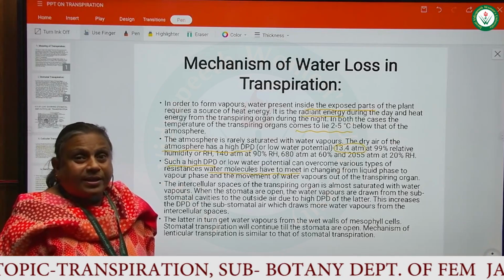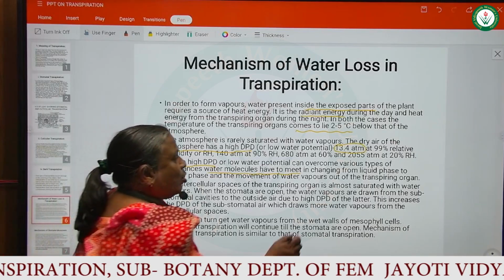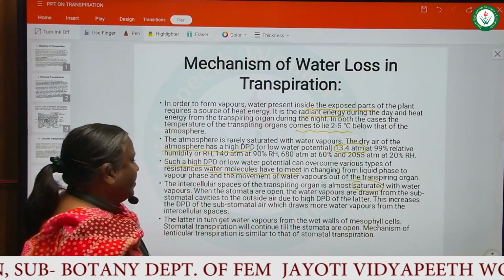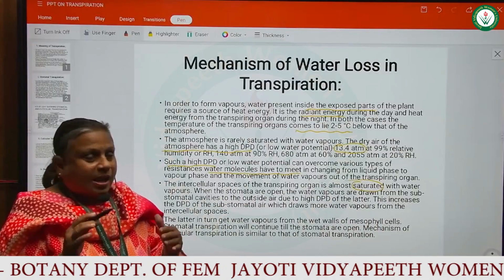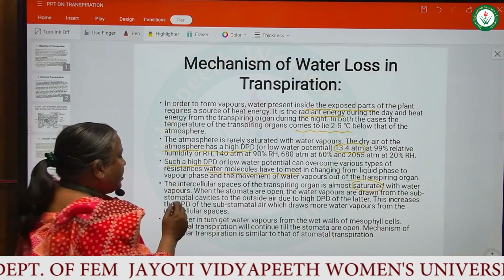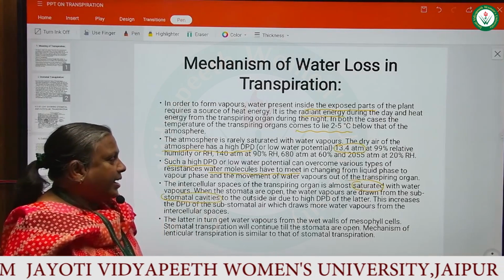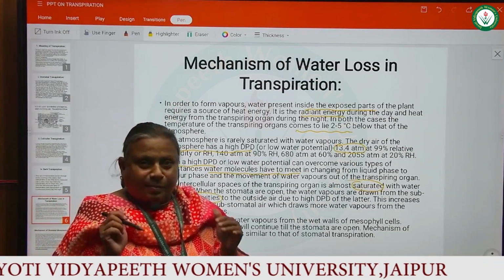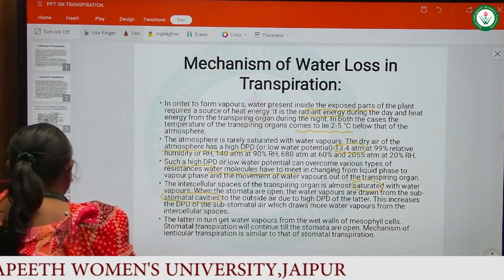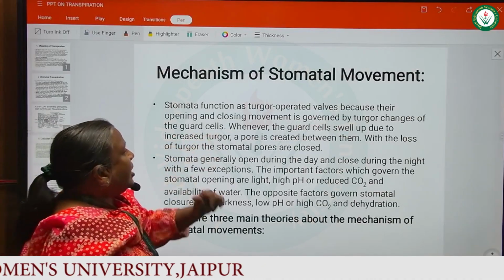So the intercellular spaces of the transpiring organ are almost saturated with water vapors. When the stomata are open, the water vapors are drawn from the substomatal cavities to the outside air due to the high DPD, diffusion pressure deficit. And now I'll show you the mechanism of stomatal transpiration.